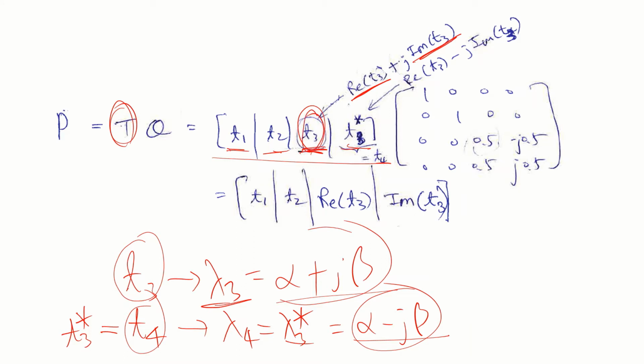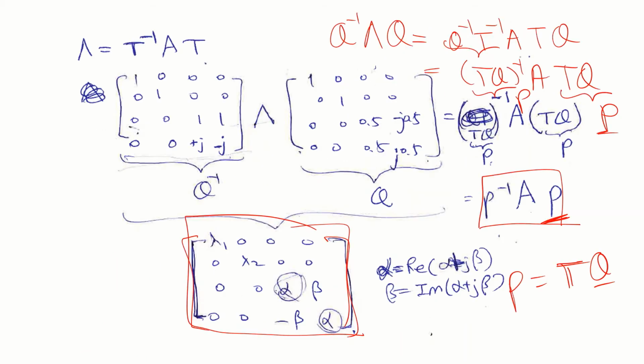And T3 star will be the real part minus j times the imaginary part. And then how about Q? Yes, here's a Q actually.